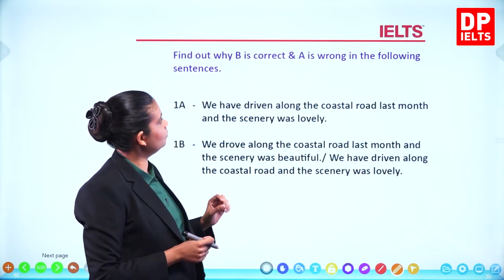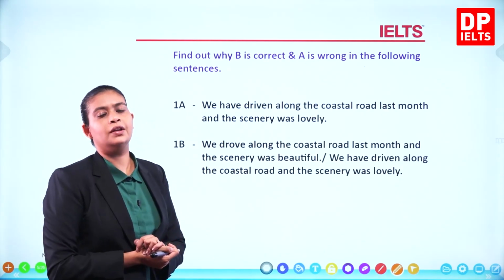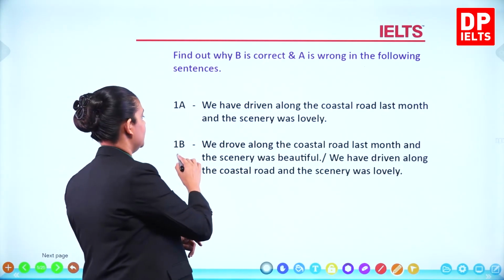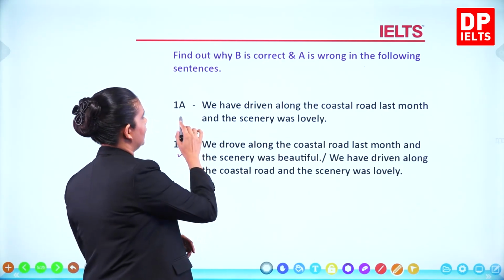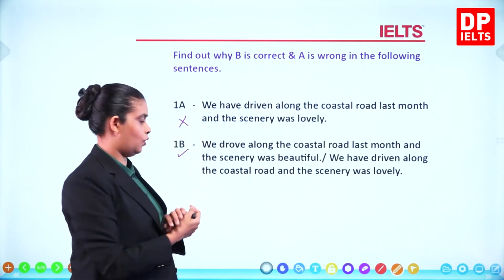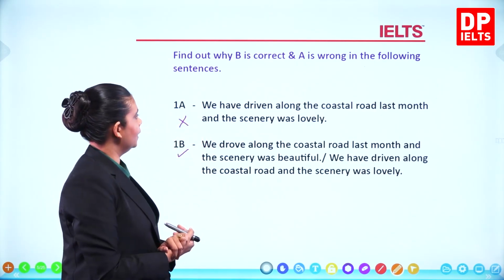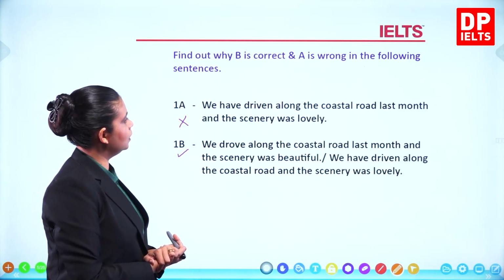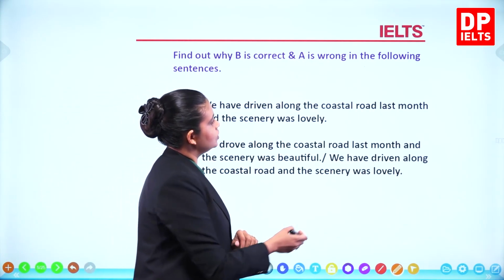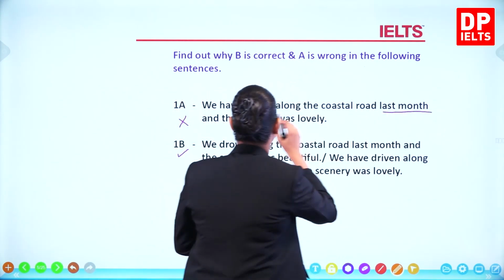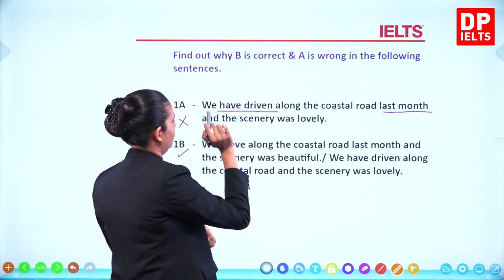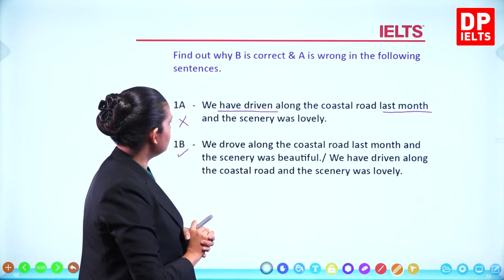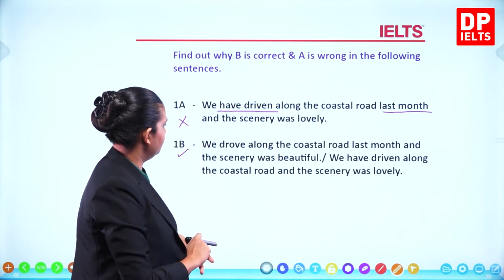Right, now the same way here, we're going to find out why B is correct and A is wrong, right? We have driven along the coastal road last month, okay? And the scenery was lovely.